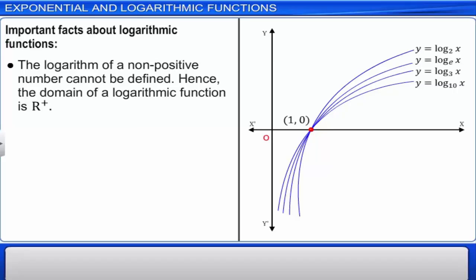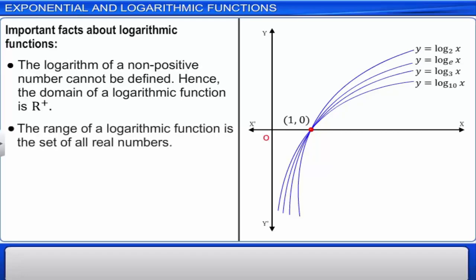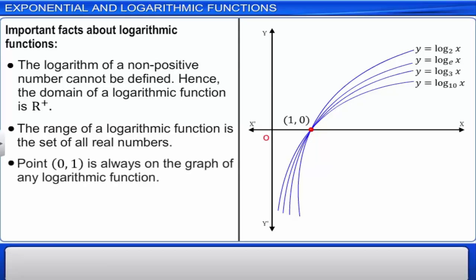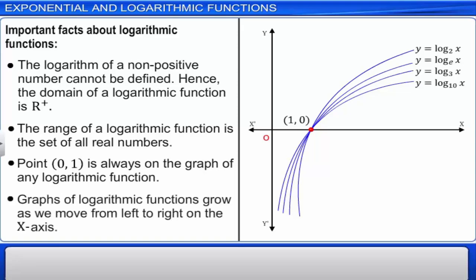Point (0, 1) is always on the graph of any logarithmic function. Graphs of logarithmic functions grow as we move from left to right on the x-axis. Graphs of logarithmic functions are close to the y-axis, but never touch it for any small positive values of x.